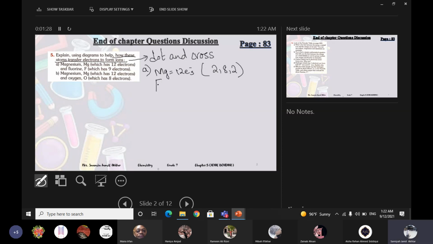Fluorine has 9 electrons, so it will be 2, 7. Magnesium can give these 2 electrons, but fluorine needs only 1 electron. So magnesium will give 1 electron to one fluorine, and another electron to another fluorine.